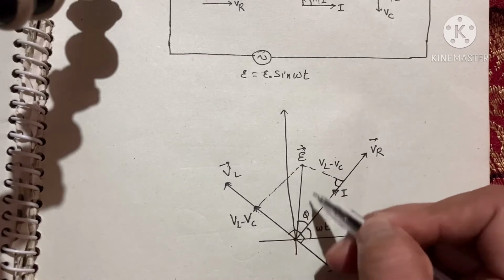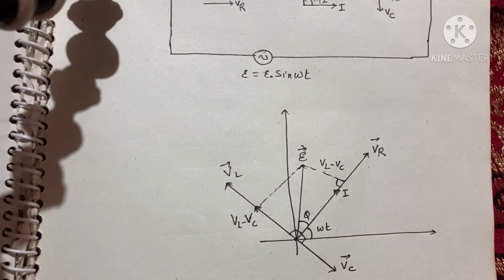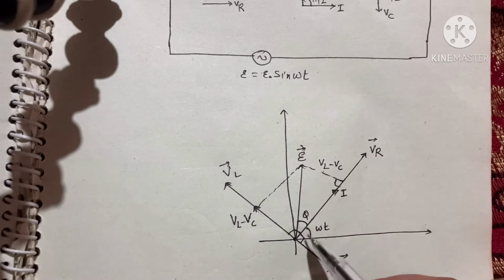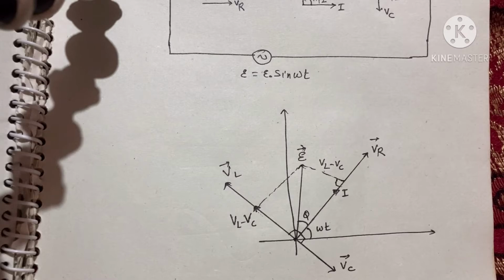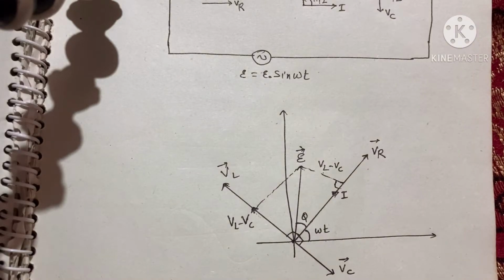Now by using this concept, this is actually your phasor diagram for the series LCR circuit. By using the Pythagoras theorem in this triangle, we can derive an equation. So when we use the Pythagoras theorem, let's derive it here. Basically I can write using the Pythagoras theorem.